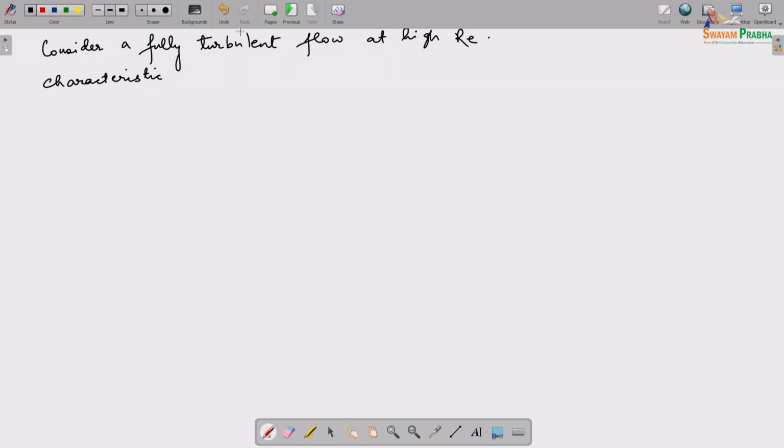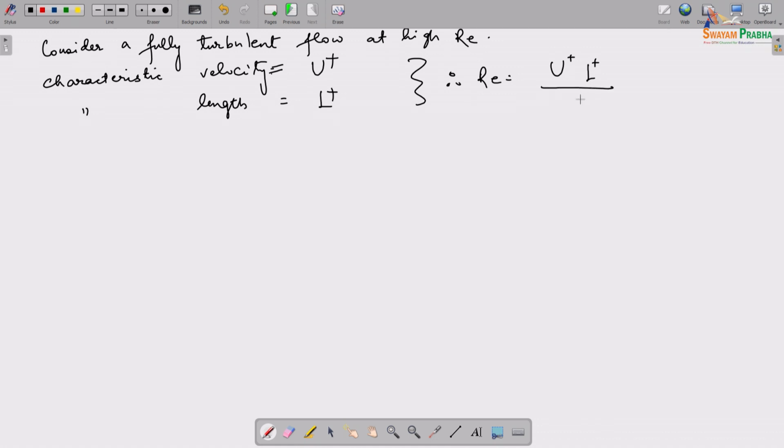So, characteristic velocity this, then characteristic length that. Therefore, the Reynolds number is large. Again, this is from Richardson.